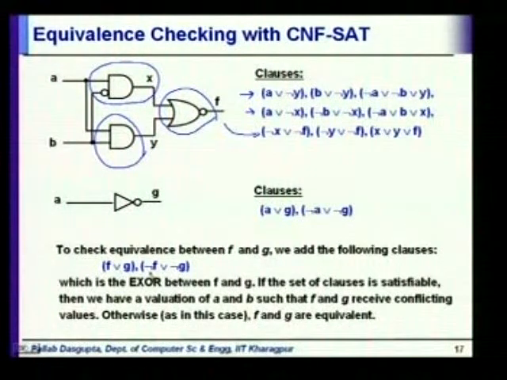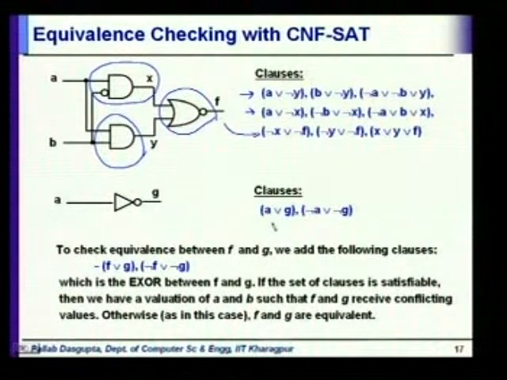Adding these two clauses means that either f has to be true or g has to be true, but not both, which is XOR. So, we push these two clauses along with these clauses into the SAT solver and then ask, is it satisfiable?